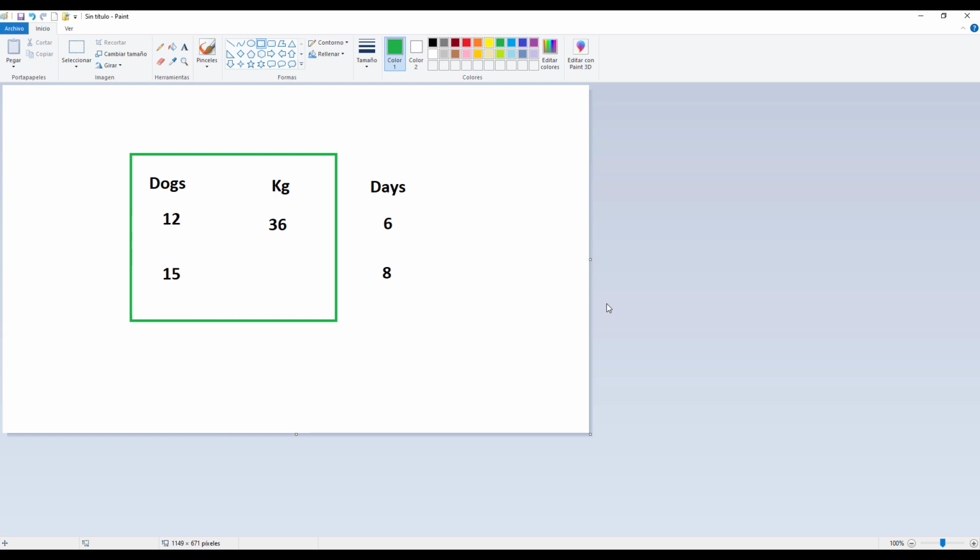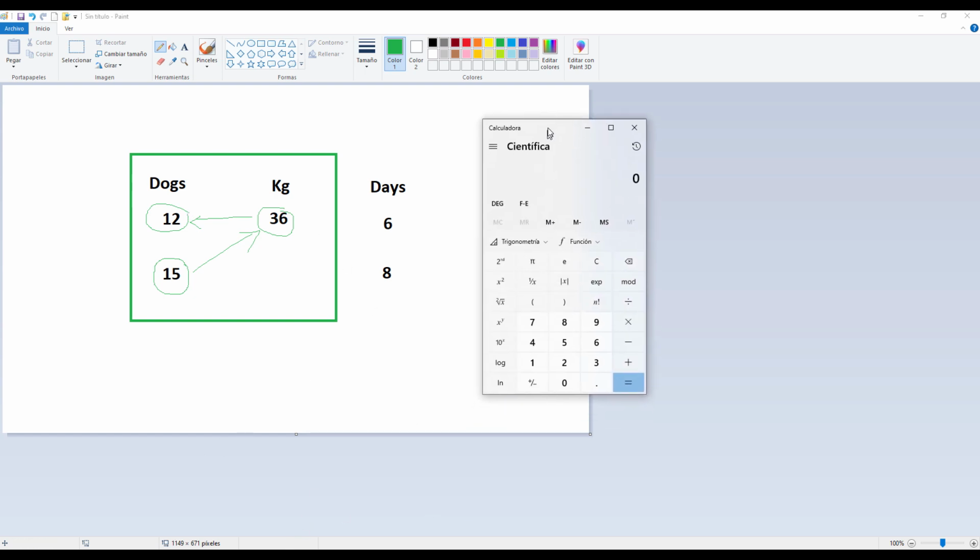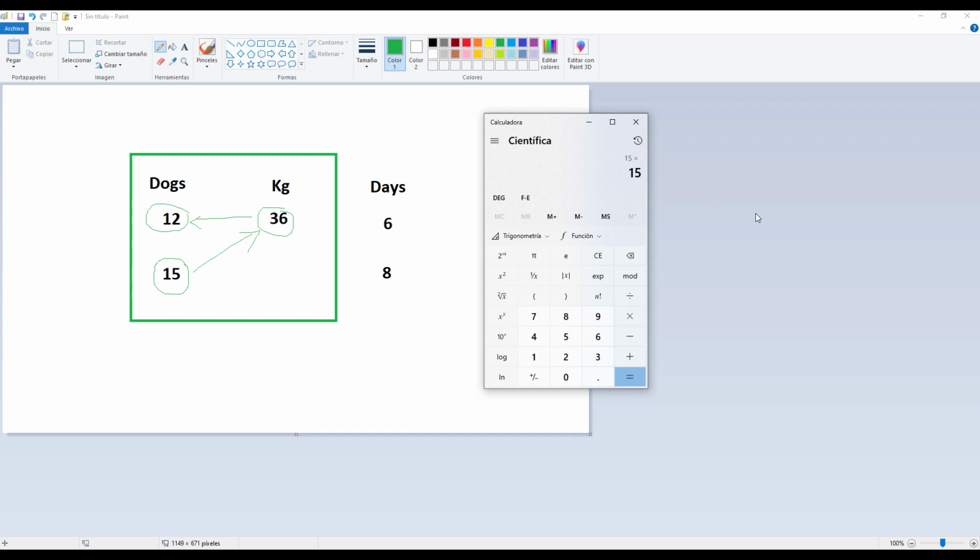If you remember, to solve that kind of exercise you need to use the simple rule of 3, because it's about a direct variation. So you need to multiply here and divide by the rest. Let me use the calculator. 15 times 36 divided by 12.